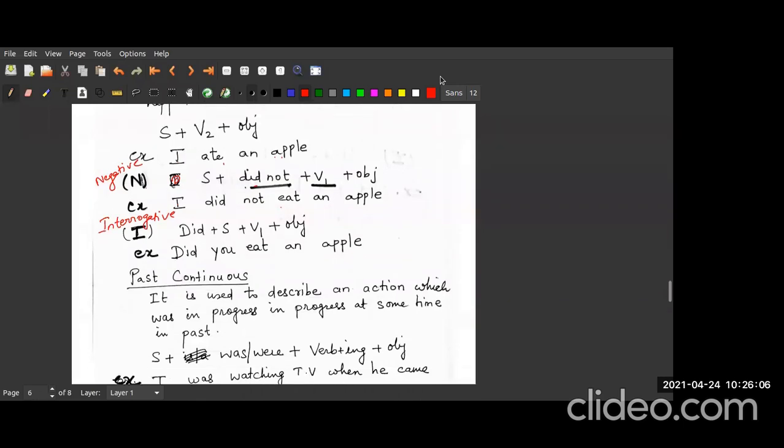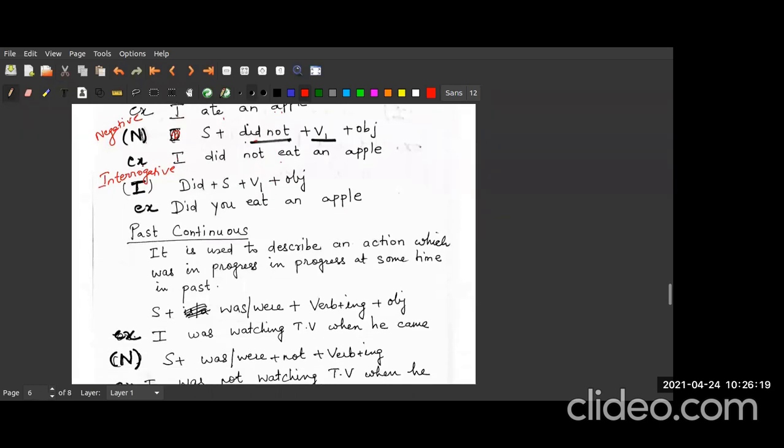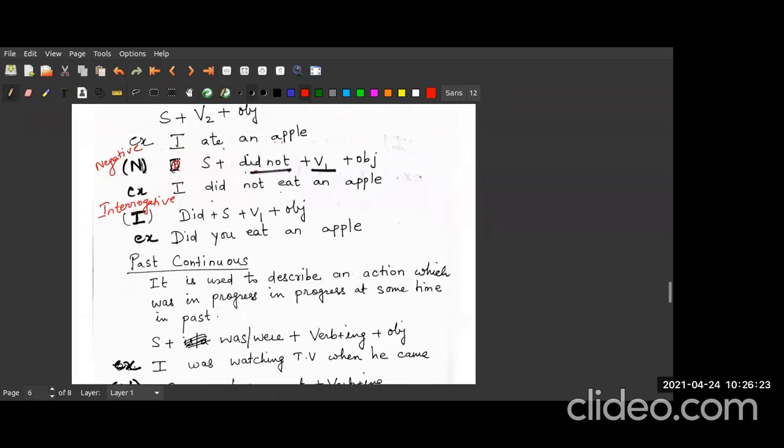So we were talking about the past negative, that you always have to use the present form of the verb with did not. Then making the interrogative is also very easy. Did plus subject plus V1 plus object. Did you eat an apple?